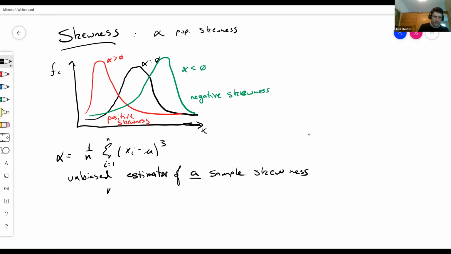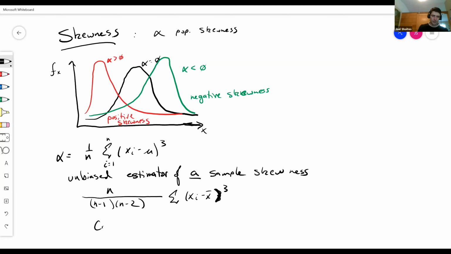Then we have a little bit of a more complex equation that's going to be n over n minus 1, n minus 2. So kind of like what we did with the variance where we divided by n minus 1, this time we're dividing by n minus 2. There's actually a bunch of different representations of skewness as a sample. This is a basic one.